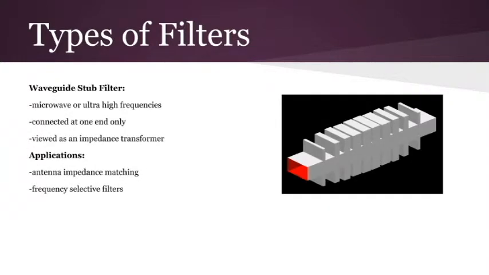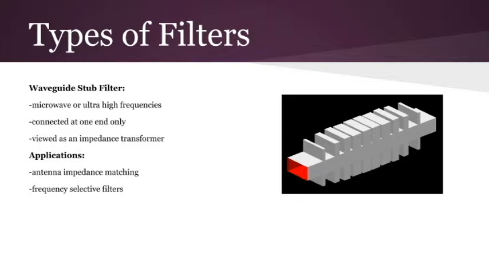Another type of filter is a waveguide stub filter. Their range of use is in the microwave to ultra-high frequencies. Their unique design requires them to be connected only at one end. Because of their reactive properties, they may be considered to be frequency-dependent capacitors and frequency-dependent inductors. A common use for them is in antenna impedance matching circuits, in order to maximize power from a source to a load.